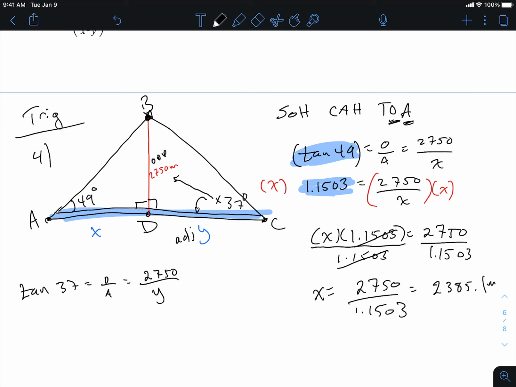Does anybody have the number for tan 37? Now, do we have a number for tan 37?